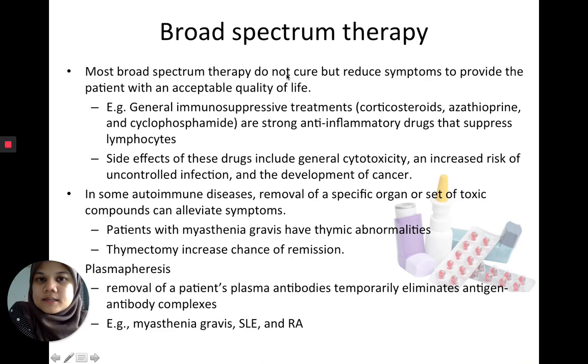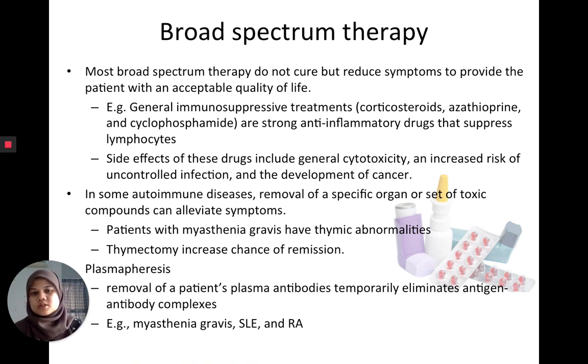But that tends to do the job for the most part. It doesn't cure, but it does reduce the symptoms. Things like anti-inflammatory drugs or corticosteroids. But of course, because they're so general, they can cause cytotoxicity, and when you're suppressing your immune system, you might be more likely to get severe infection or even develop cancer.